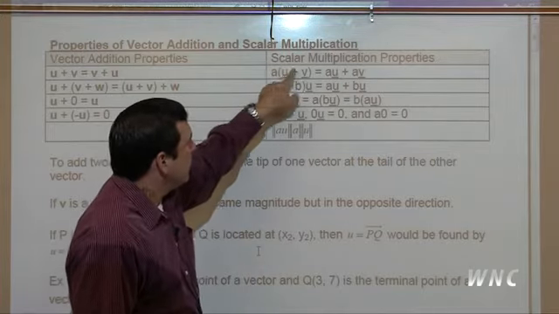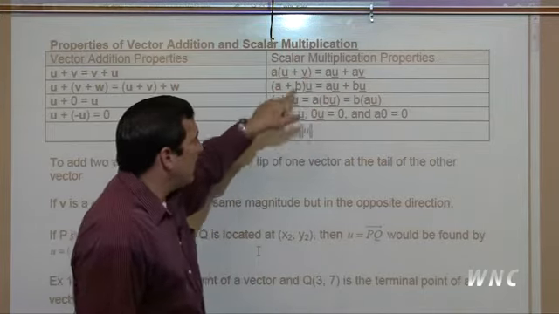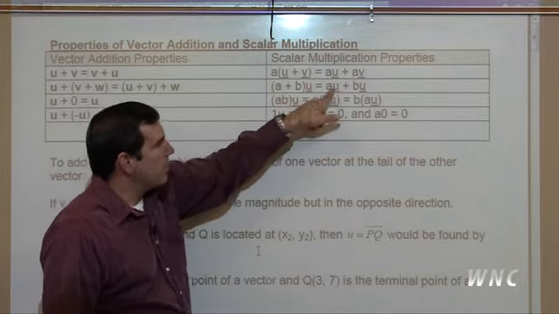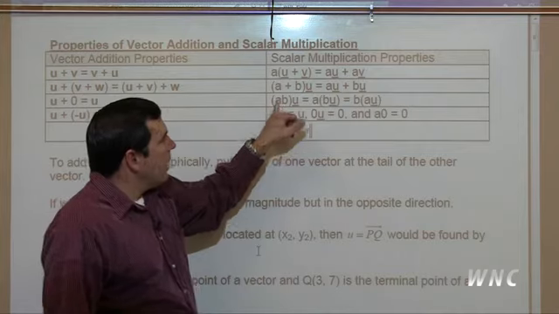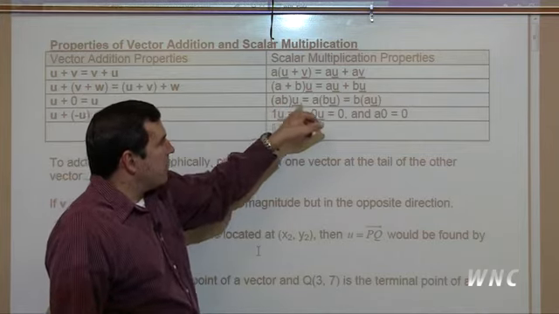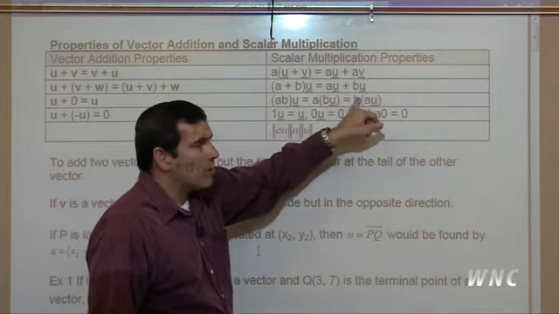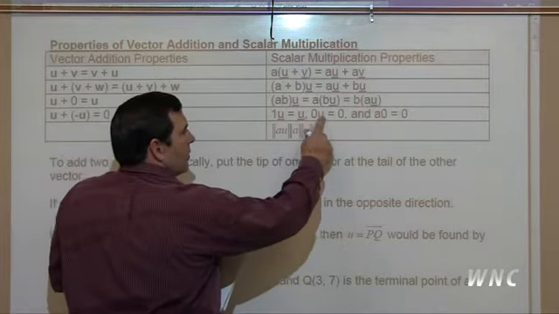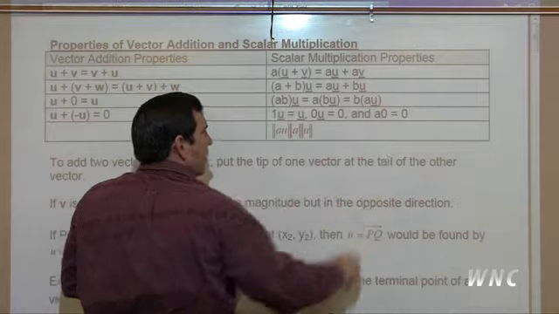A times the vector U plus V is AU plus AV. A plus B, these are both scalars, times the vector U is AU plus BU. A and B, again scalars, times U: A times BU, which is also B times AU. 1 times U is U, 0 times U is 0, and A times 0 is 0.